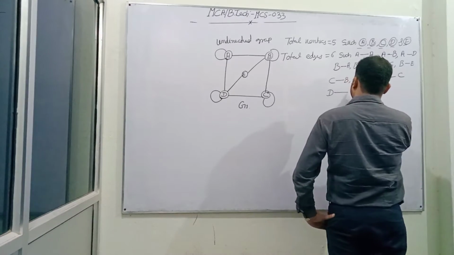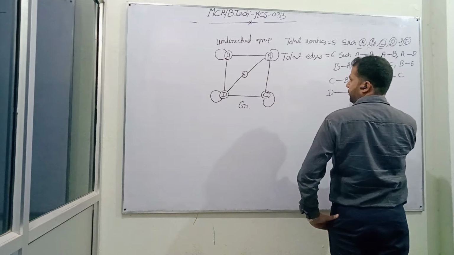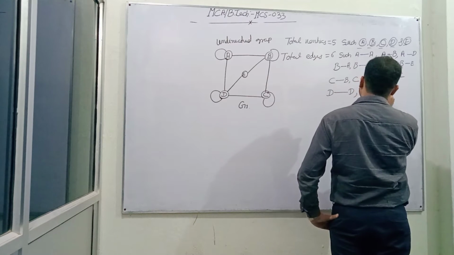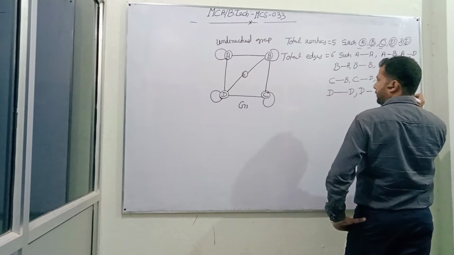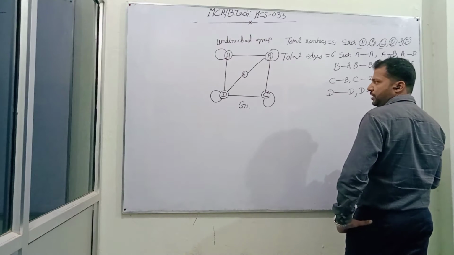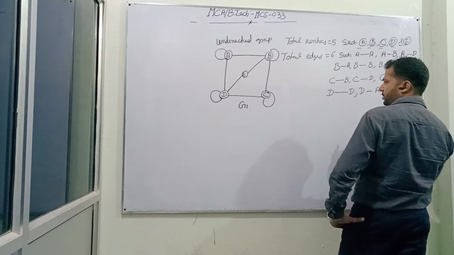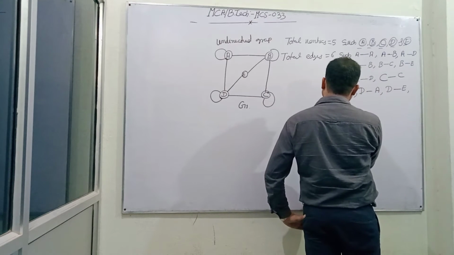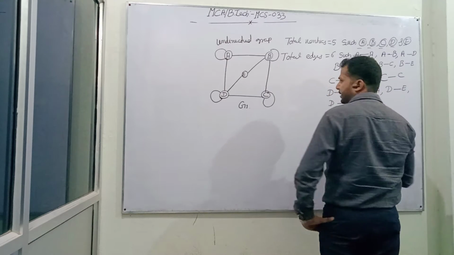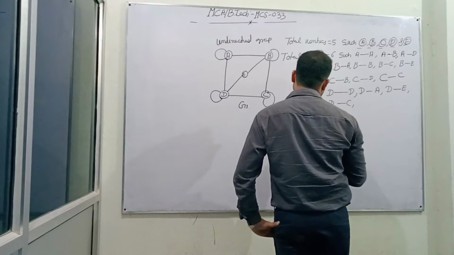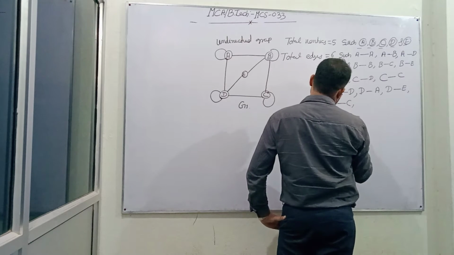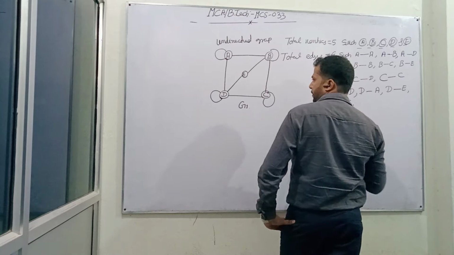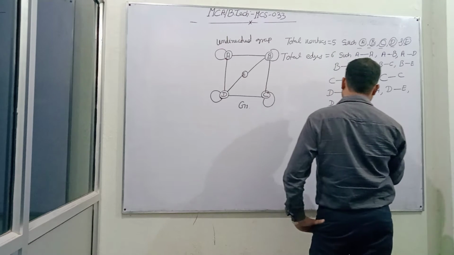Yes, loop. So here D to D, D to A, D to E, D to C. Yes or no? Very good. Next we will consider vertex E, and here we will see E to B, E to D. Yes or no?